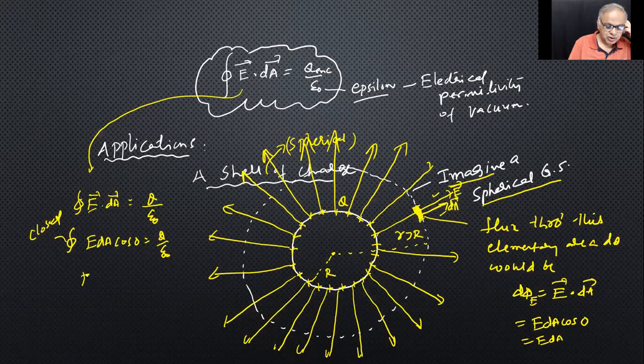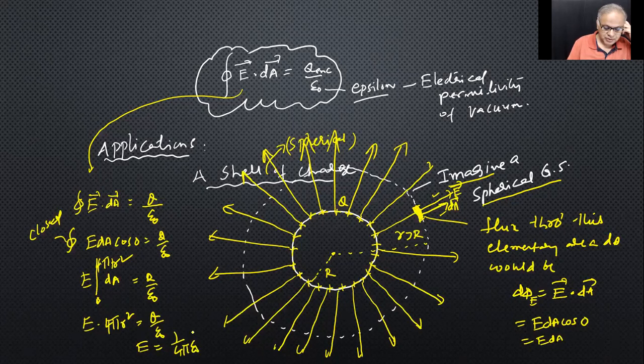Since E is constant, integral dA is equal to Q by epsilon 0. This is E into 4 pi r square, I'm sorry, 4 pi r square is the surface area of a sphere, equals Q by epsilon 0. So E comes out to be 1 by 4 pi epsilon 0 Q by r square, which is that of a point charge.